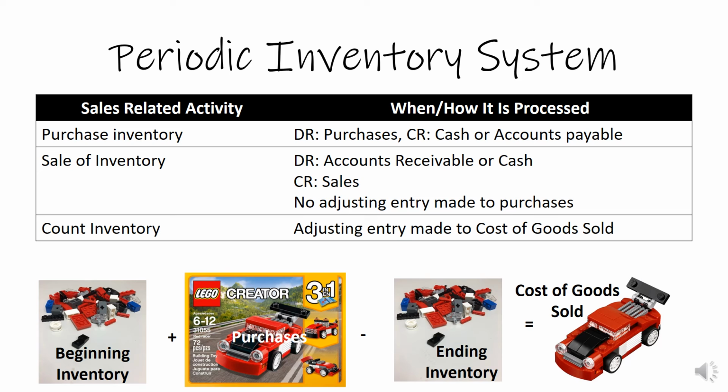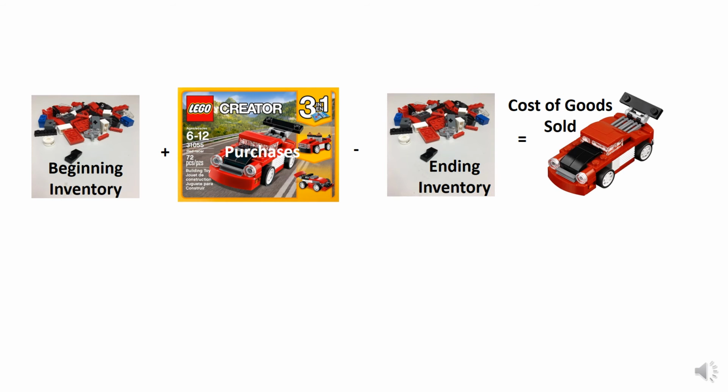To compute the cost of goods sold, we add the total volume of purchases to the beginning inventory at hand and subtract the ending inventory that we obtain from performing a physical count. What's left after that is our cost of goods sold. However, other items come into play in calculating the valuation of inventory.